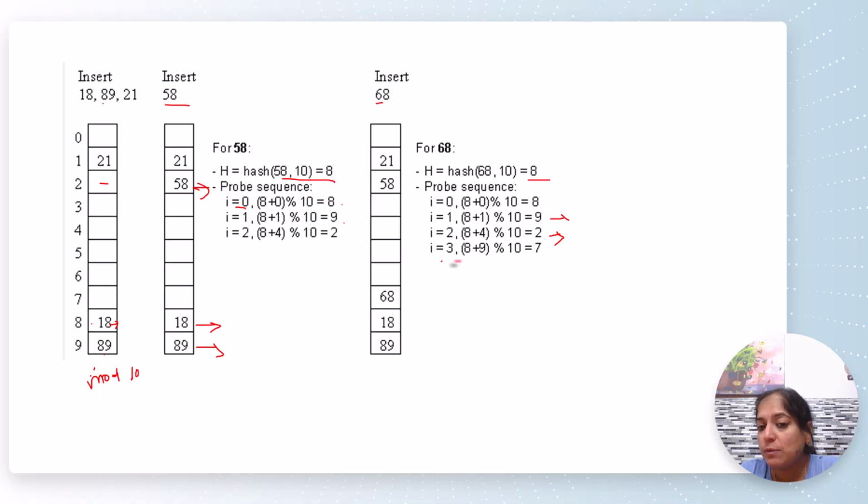Then we check i equals 3: 8 plus 9, which is 3 square, mod 10 gives us index 7. So at index 7, value 68 is stored. Just make sure that we are not performing linear probing here. We are not checking the vacant slots in a linear manner. We are checking the slots with a gap so that clustering is not there.